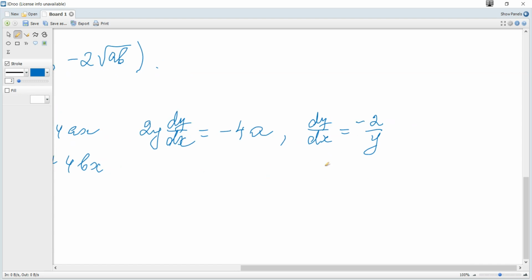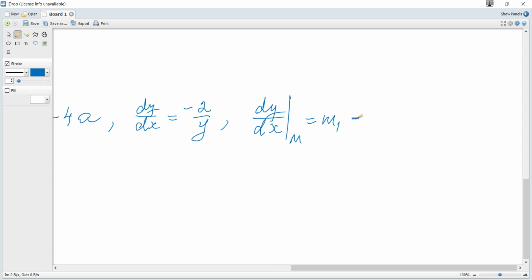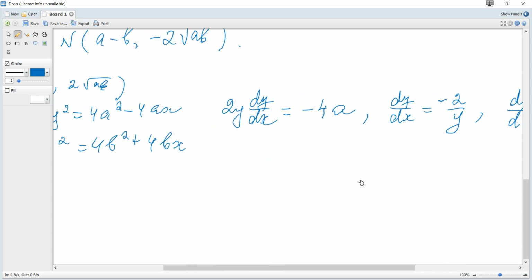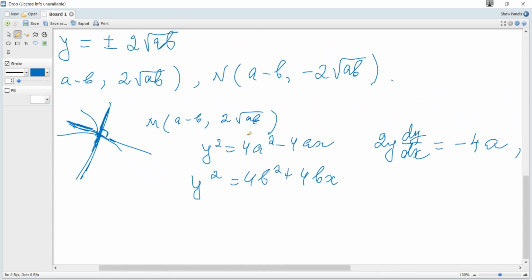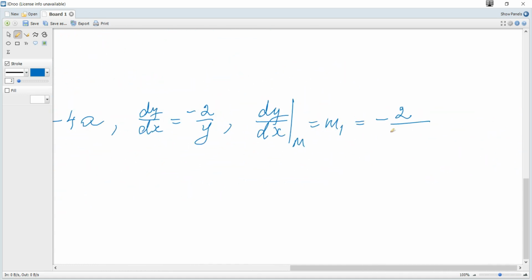The gradient dy over dx at point M, let it be m1, the gradient of the first tangent, is negative 2a over y. It's the y coordinate of the point of intersection, which is 2 root ab, so it's negative a over root ab.